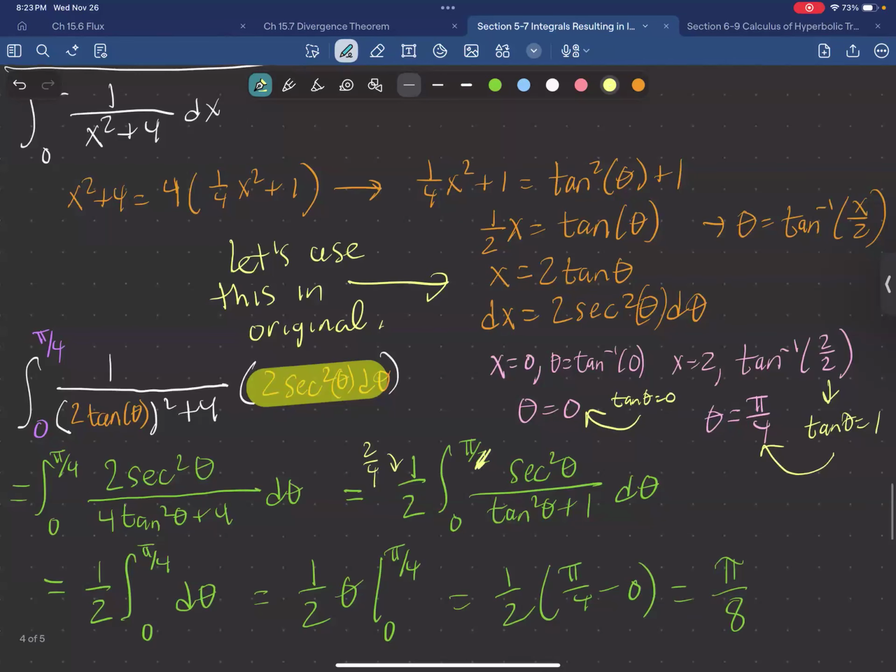Oh, I should say pi over 4. Tangent squared theta plus 1 is secant squared theta though, so they cancel. We've got 1/2 from 0 to pi over 4 of d theta. Integrate that, that's just 1/2 theta from 0 to pi over 4. I got 1/2 times pi over 4 minus 0 is pi over 8. So that'll be our final answer there.